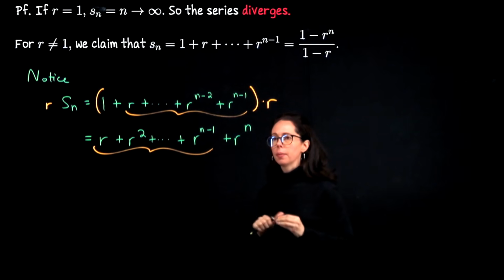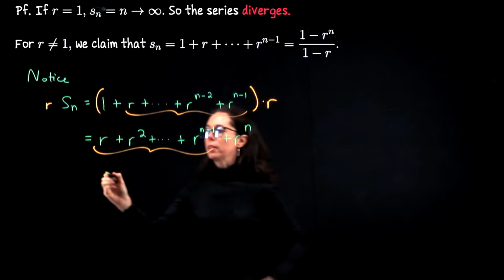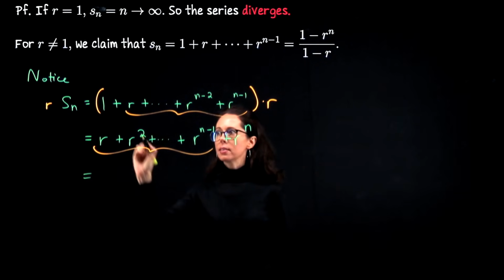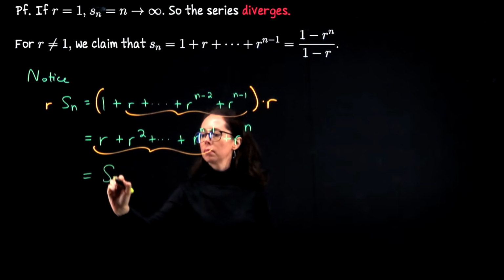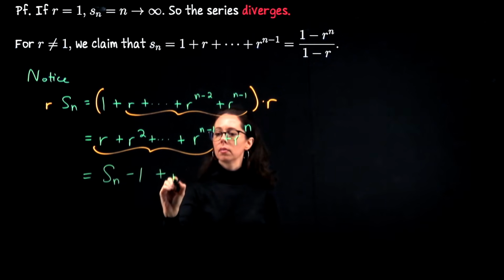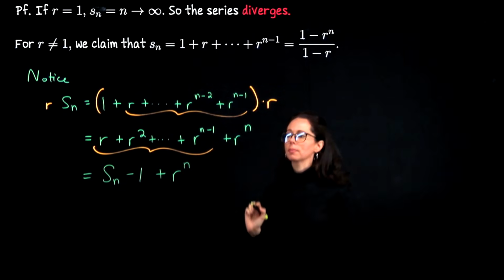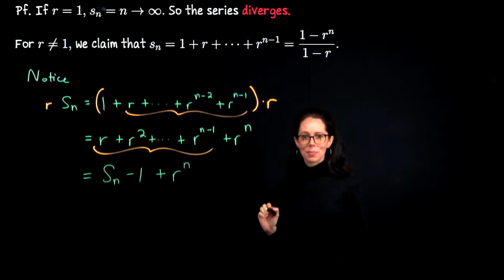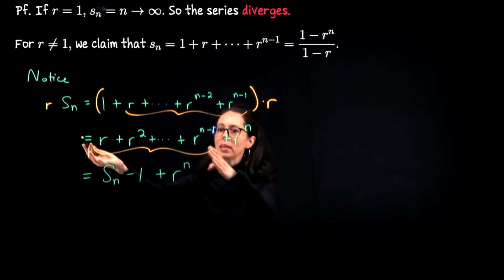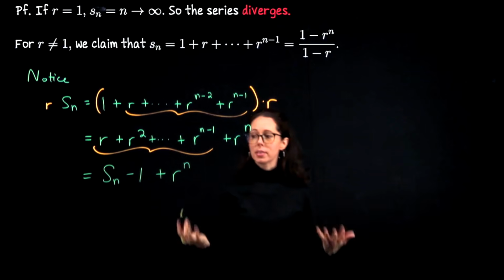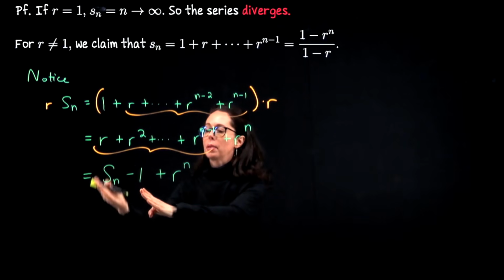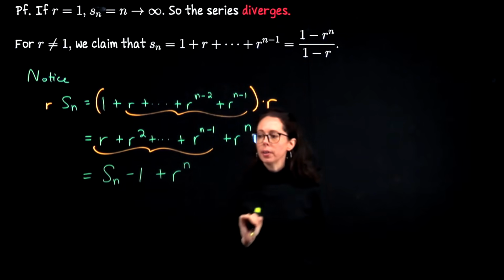So in particular, we could take this expression and replace it with S sub n minus 1. Right, so if I had a 1 here, it would be exactly what we started with, but I'm missing that 1. So that's why I did S sub n minus 1. And then we still have this term left over.